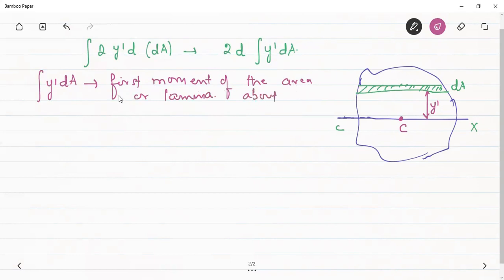About the centroidal x-axis, because this y dash is the distance of the differential element from the centroidal x-axis. Therefore, its integral, y dash dA, will represent the first moment of the area or lamina about the centroidal x-axis.